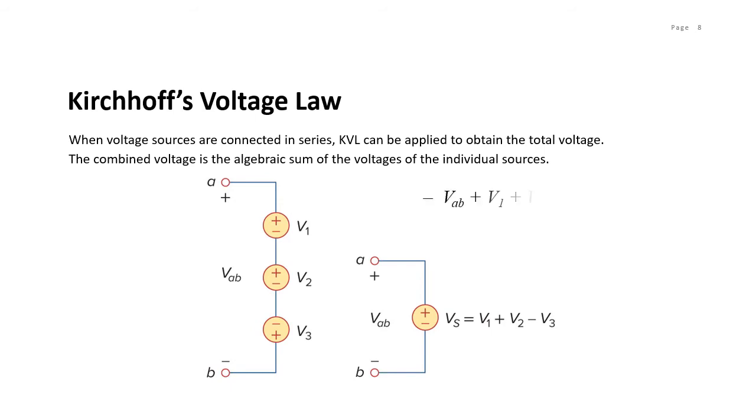As shown here, going clockwise, minus VAB plus V1 plus V2 minus V3 equals 0. And we can also rearrange it so that VAB equals V1 plus V2 minus V3.